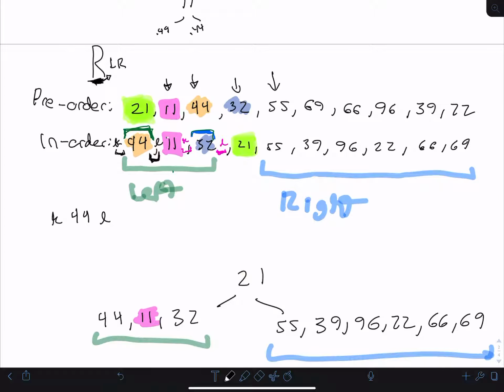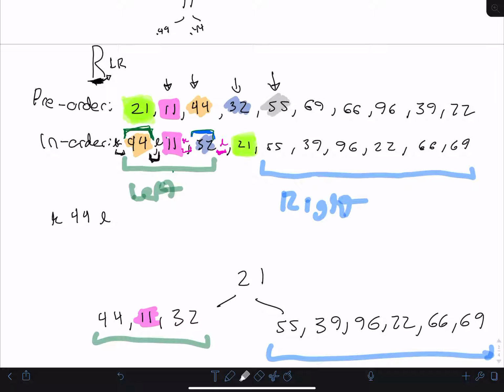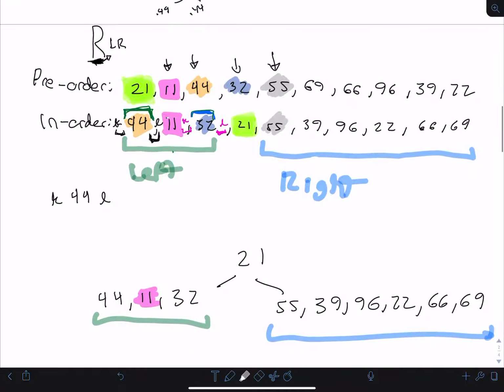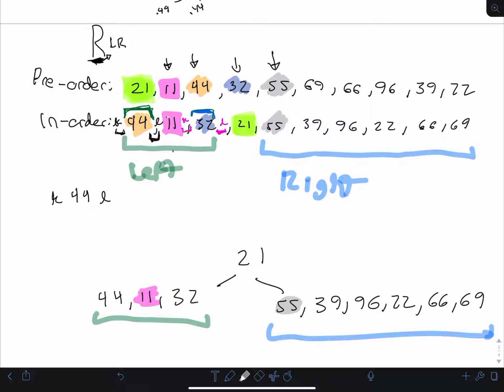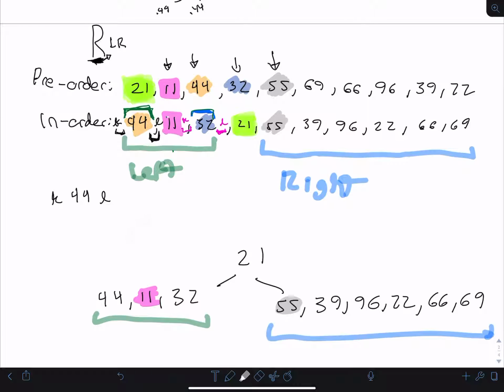Moving on to 55. That's a little bit different now. Because that's the first value that we're seeing on the right side of 21. Again, we can think of our L and K's. Our L are these values, the left side.